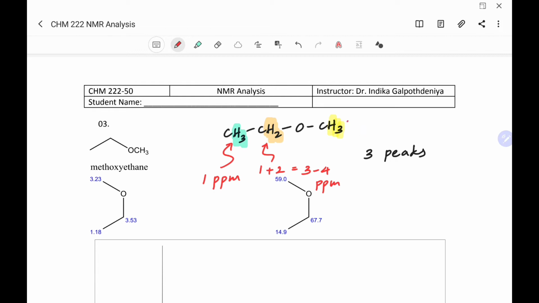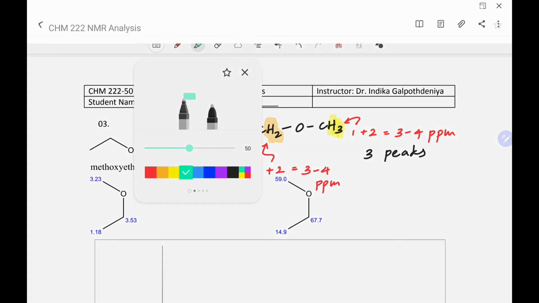And then these hydrogens basically have a similar impact. You are typically expecting 1 ppm, but that carbon also has an electronegative atom, so it will add 2 to the chemical shift. So it should be around 3 to 4 ppm. So these are the chemical shifts of your hydrogens. You are expecting 3 peaks.